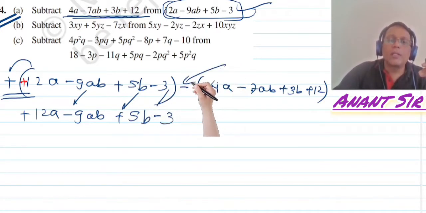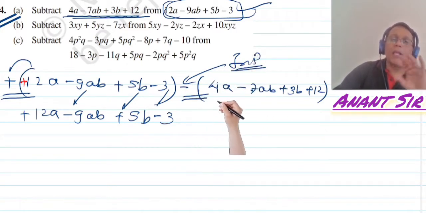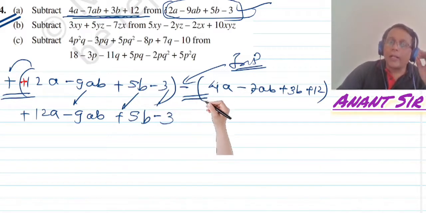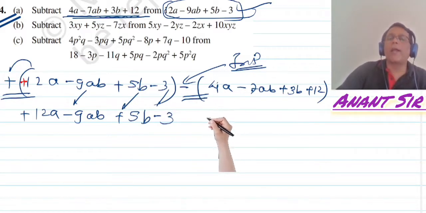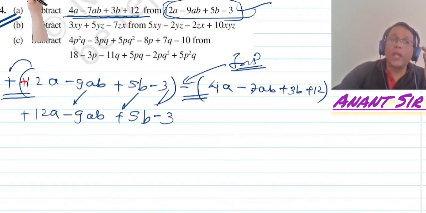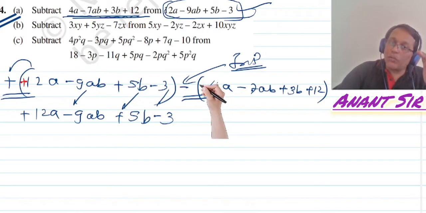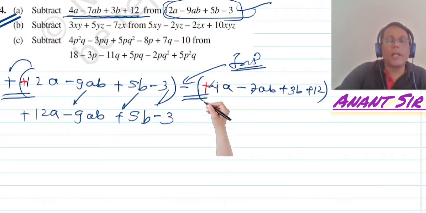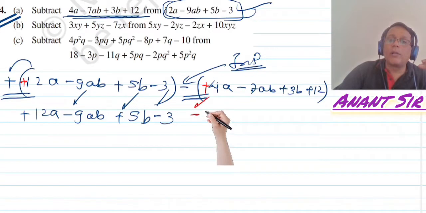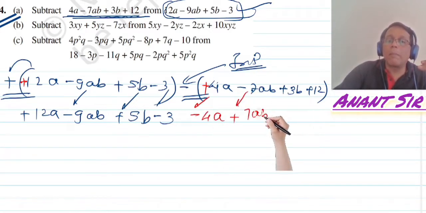Now, here this is important. If the sign in front of the bracket is negative, then at the time of removing the brackets you have to change the sign of each term in the bracket. The first term had no sign, that means it was plus, so it will become minus. Minus 7ab will become plus 7ab.